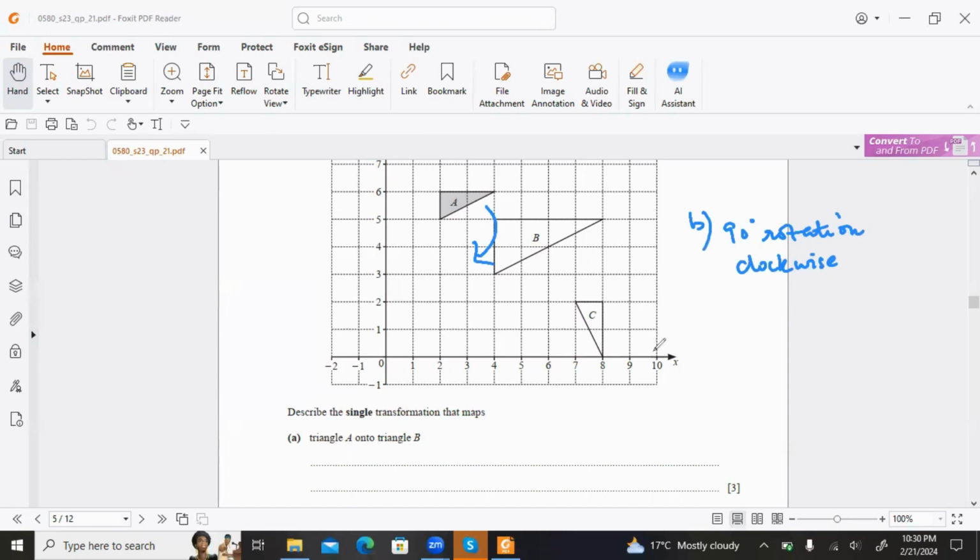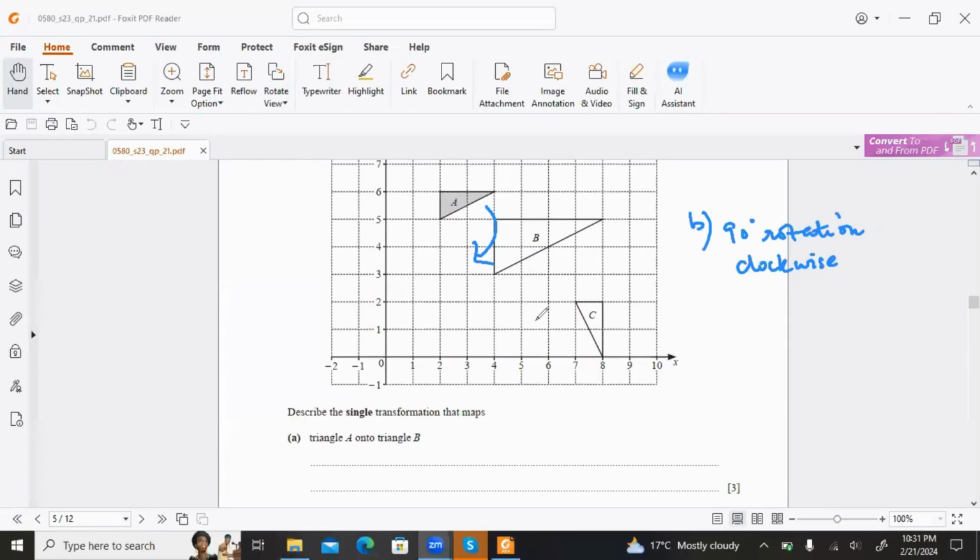Now, if we look at the center, in this case it would be 3, 1. The reason is that over here, if we count the distance from this point to the corresponding point over here, 1, 2, 3, 4. 1, 2, 3, 4.